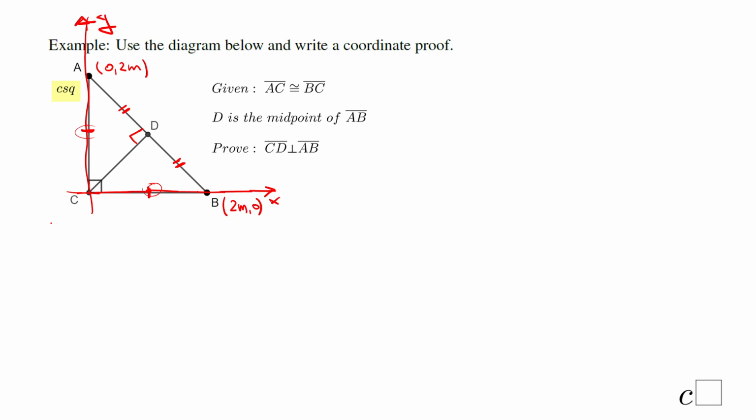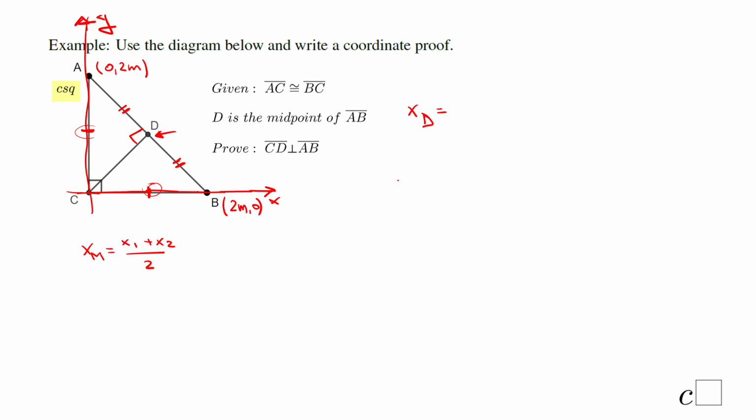Okay, so now point D here, which is the midpoint of segment AB. How do we find the x-coordinate of the midpoint? Let me write the formula here. The x-coordinate of the midpoint is you add the x-coordinates and divide by 2.